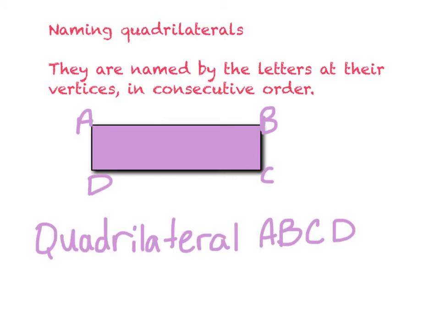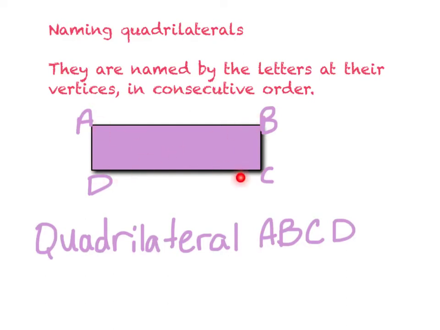When you name quadrilaterals, it's important that you name them by the letters of their vertices in consecutive order. So remember, consecutive is next to each other. So this is quadrilateral ABCD, and if you notice, it goes in consecutive order, A, B, C, D. You should be able to trace it in the order and not cut across the figure.